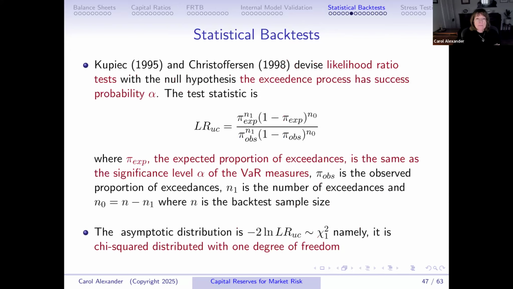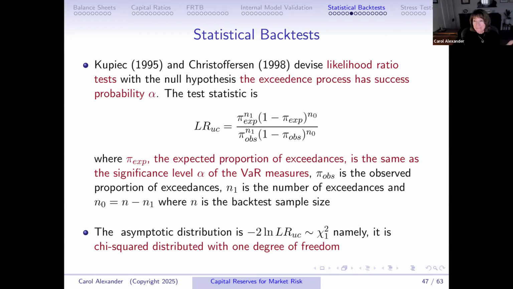The statistical backtests were introduced by Paul Kupiec, from the Federal Reserve in the US in 1995, and then made more sophisticated by Peter Christoffersen in 1998. The null hypothesis is that this exceedance process, remember the 0001, 00110 process, has success probability alpha.